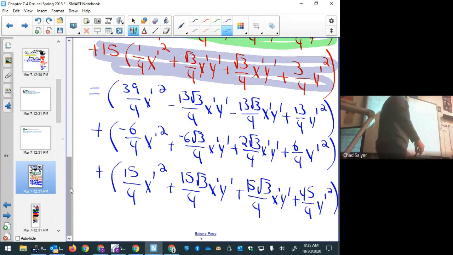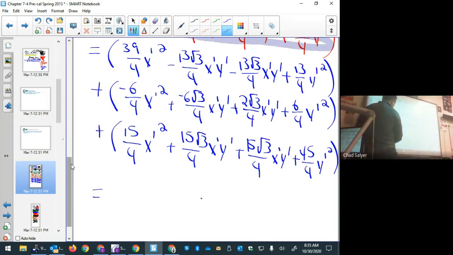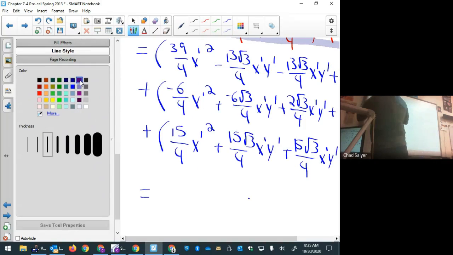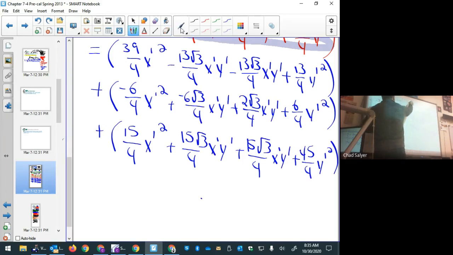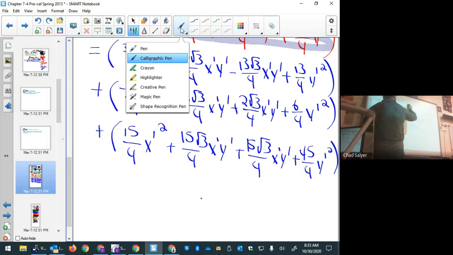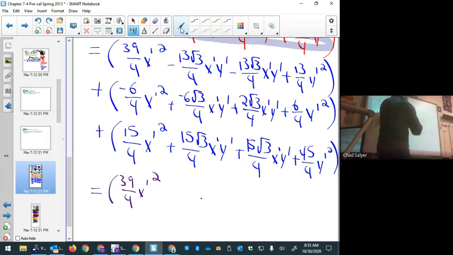Now we combine like terms. So taking that first one, I need to change pen colors so that you guys know this is a distinct bit. I'll do purple here. Okay. So that's going to equal, so I've only got one X prime squared term in this first one. But I've got these two in the middle, so I need to combine those.